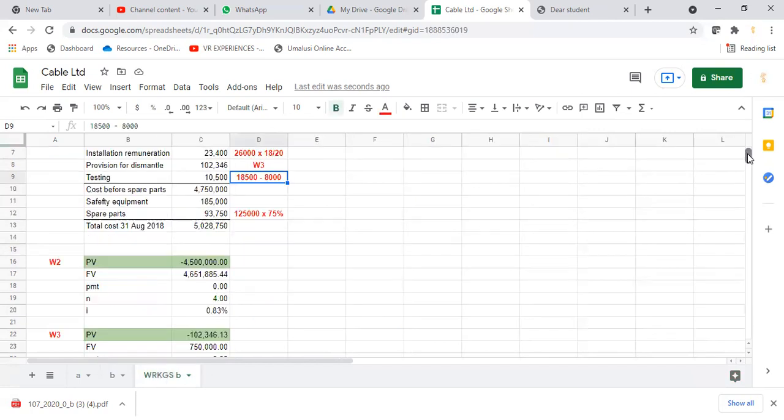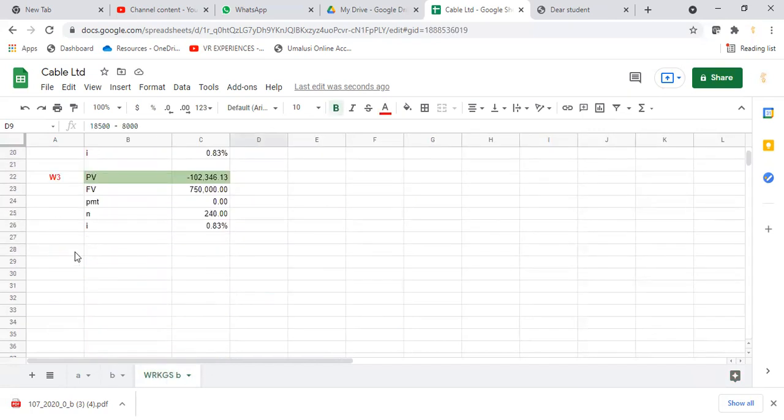So we're going to go to working four. They're using a cost model, and they're using the straight line method for depreciation. The straight line method says cost less residual value gives me the depreciable amount.